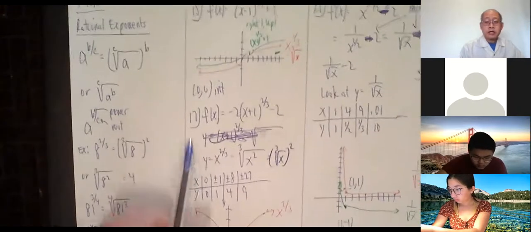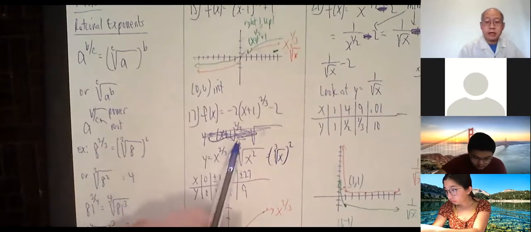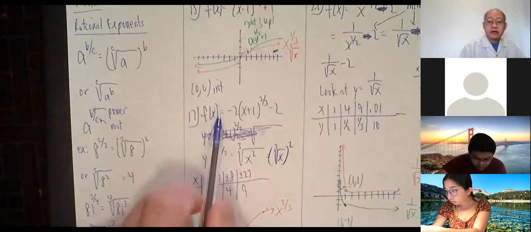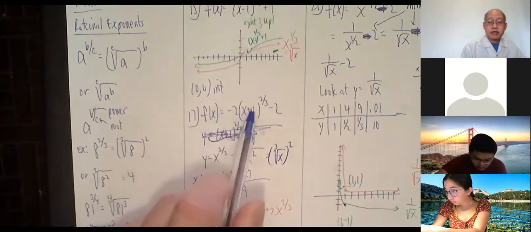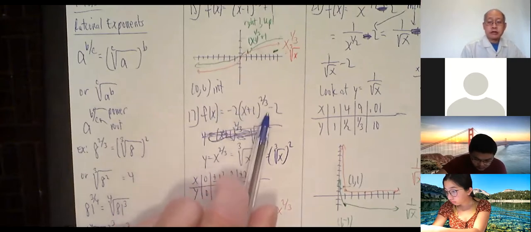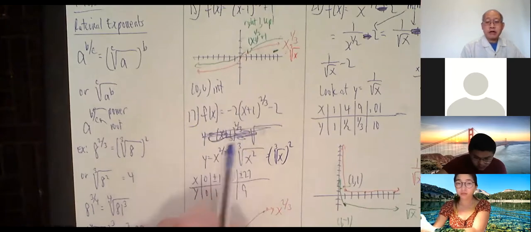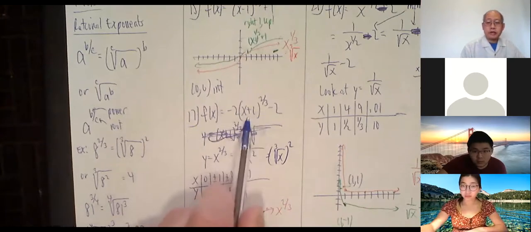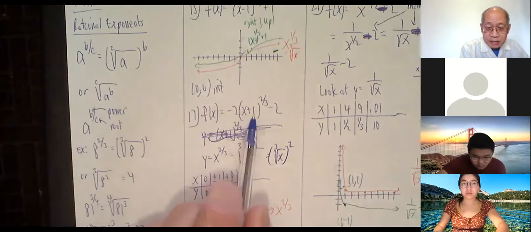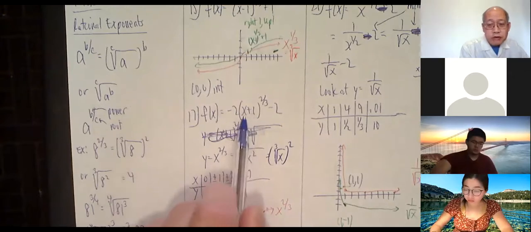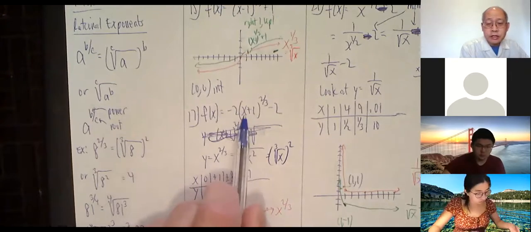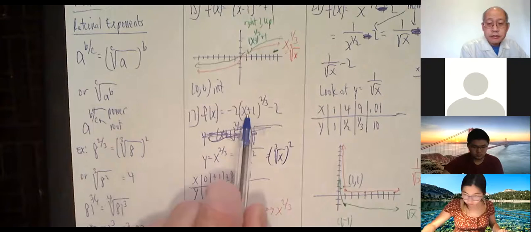Okay, 17, which you can see last time I did this, I messed up. f(x) is negative 2 times (x plus 1) to the 2/3 minus 2. All right, so the first thing I'm going to consider is what happens to x to the 2/3 power, because we know what happens with this, right? x plus 1 moves the graph 1 to the left.